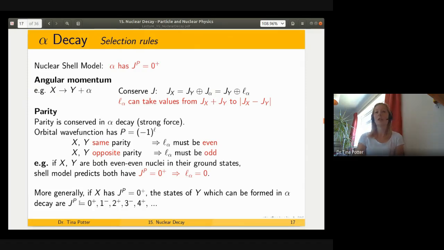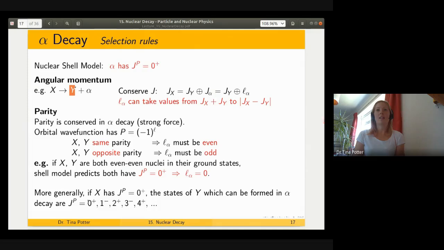So there's a general rule here that if you're starting off with a spin 0 positive parity nucleus and it's undergoing alpha decay, the states that you can form for Y are going to be 0 plus, 1 minus, 2 plus, 3 minus, and 4 plus.